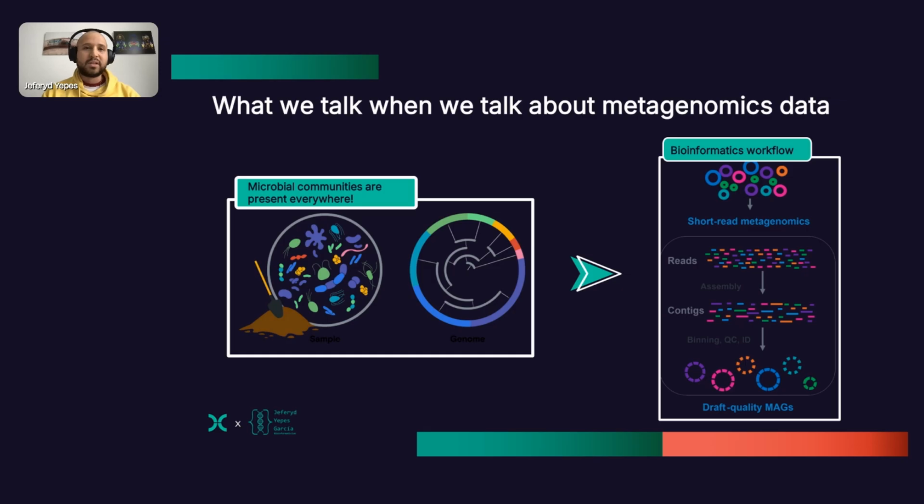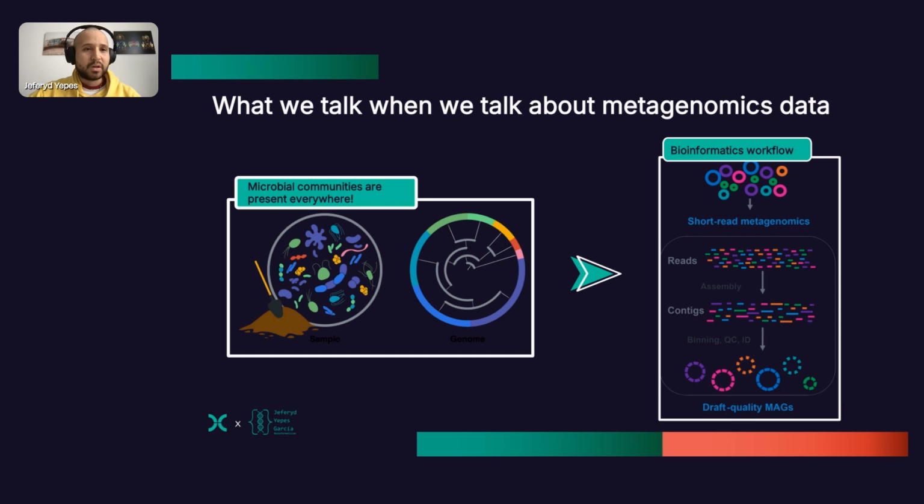For this, we basically attempt to sequence the whole material that is present in the community. And one of the many approaches to analyze this data is to recover MAGs. MAGs stand for metagenome assembled genomes. And here I can show you a simplified version of how MAGs are obtained.